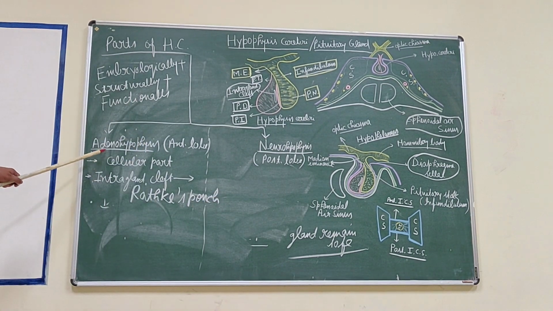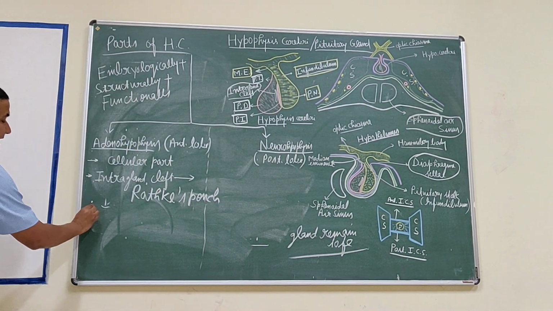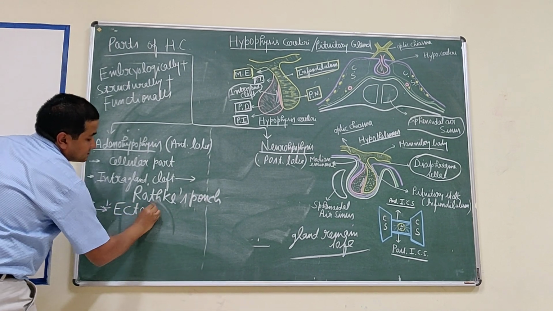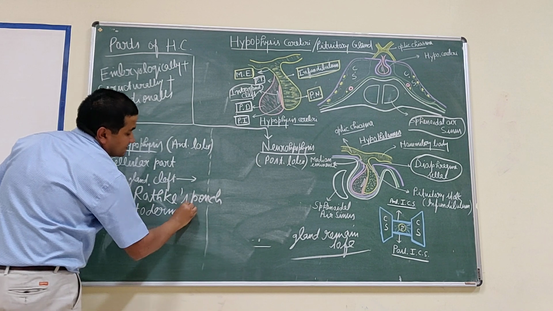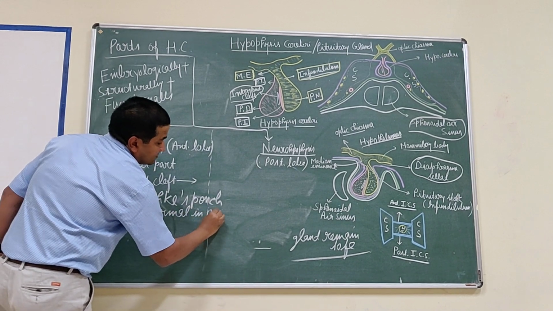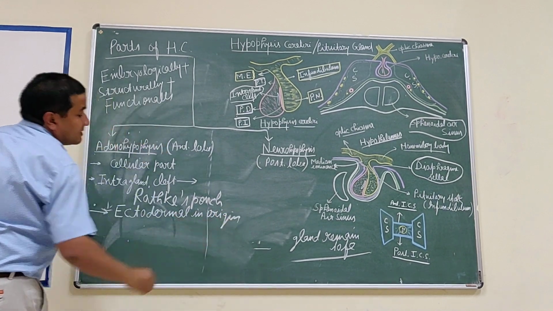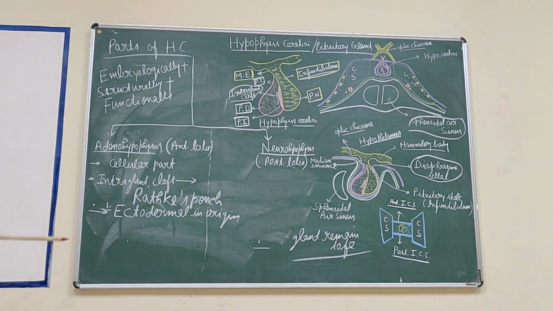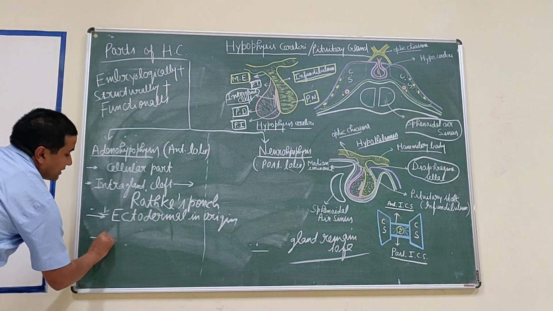This anterior lobe is basically ectodermal in origin, and it develops from a cavity that extends from the roof of the stomodium.